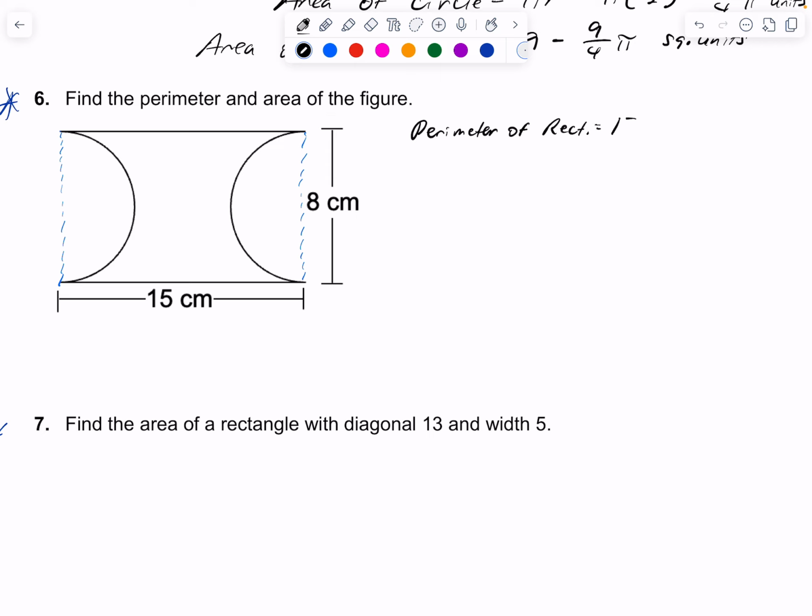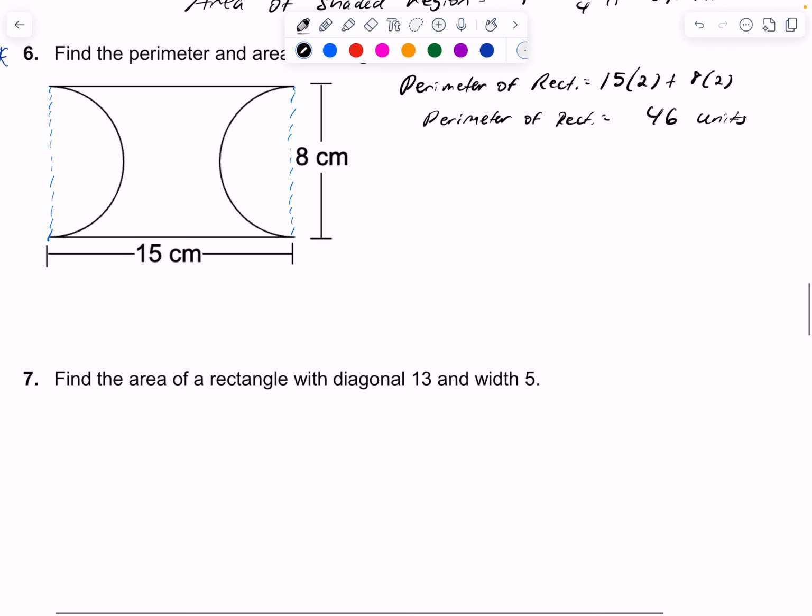So that's going to be 15 times 2 plus 8 times 2, which is 30 plus 16. So that's 46 units. And then I'm going to find the circumference of the circle. I'll use pi times diameter since they gave me the diameter.